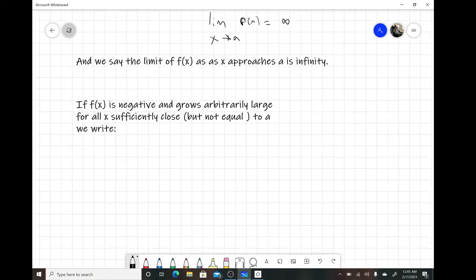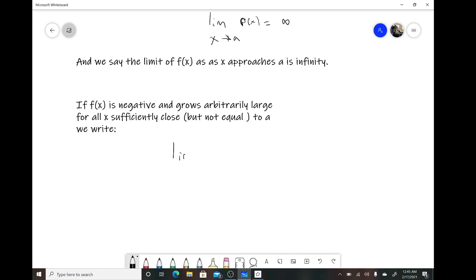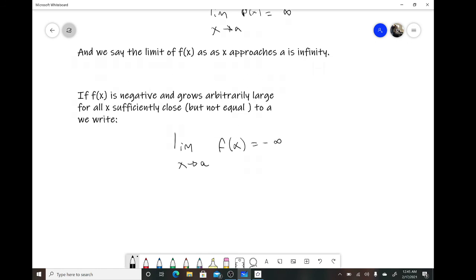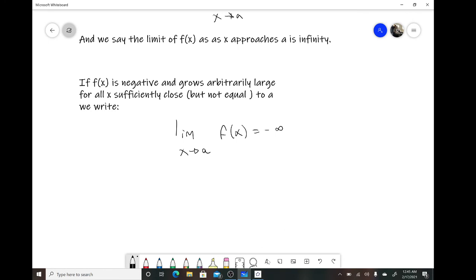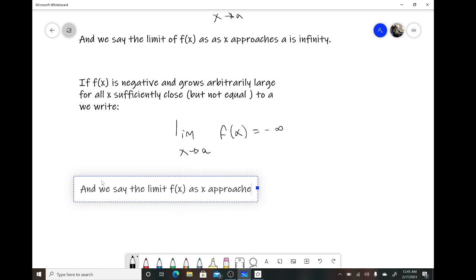We write that the limit as x approaches a of f of x is minus infinity. So we say, as I just said, the limit of f of x as x approaches a is negative infinity.